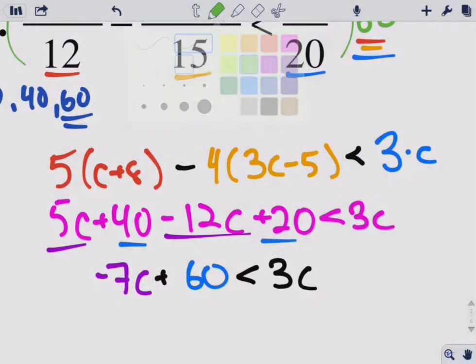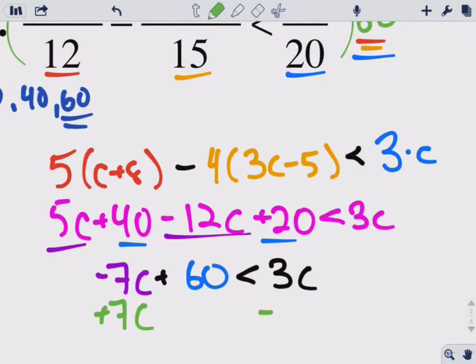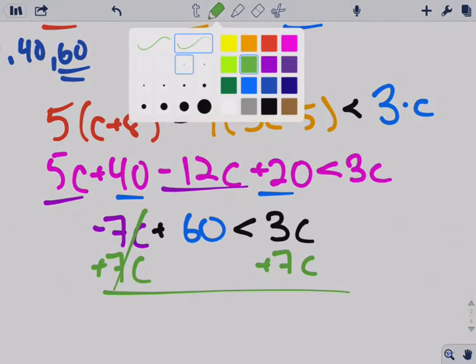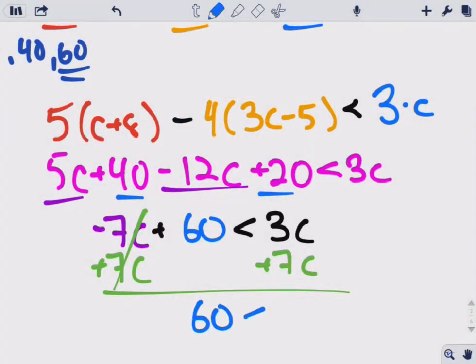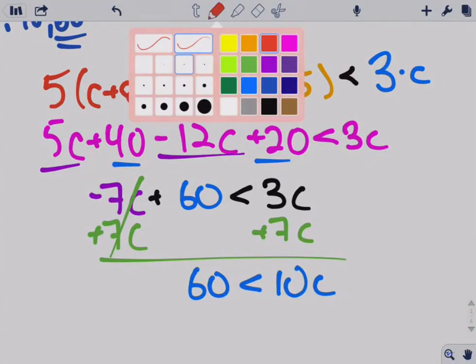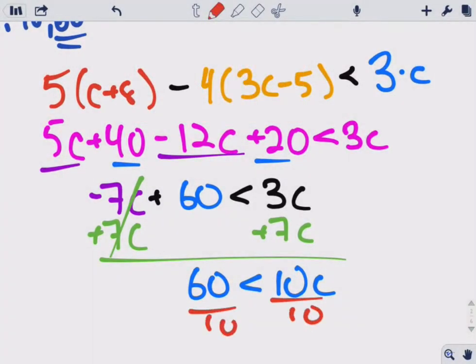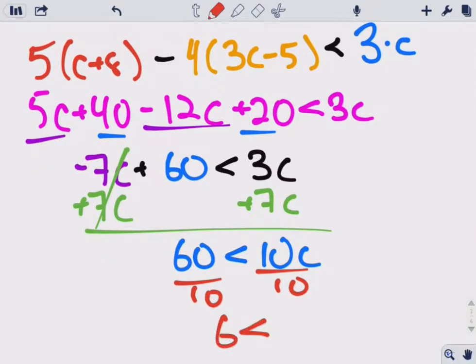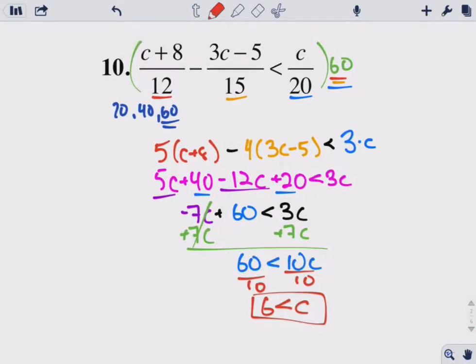Move that 7c over. It cancels, and so I get 60 is less than 10c, and then divide by the 10, and we'll get our final answer. We'll get 6 is less than c. There's our answer. There's the whole problem.